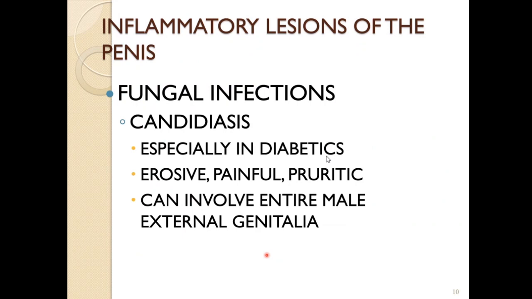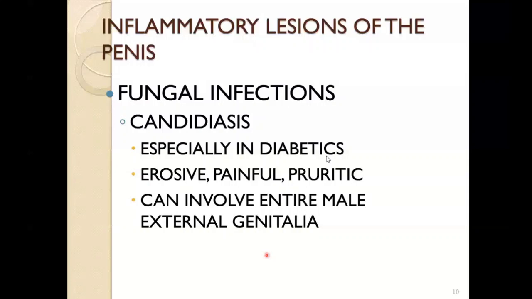For specific infections, among the fungal infections one of the most common is candidiasis, caused by Candida albicans. It is seen in immunosuppressed people, especially those with diabetes. There will be an erosive, pruritic, painful lesion on the organ, and this can involve the entire external genitalia, meaning that even the scrotum may be involved.